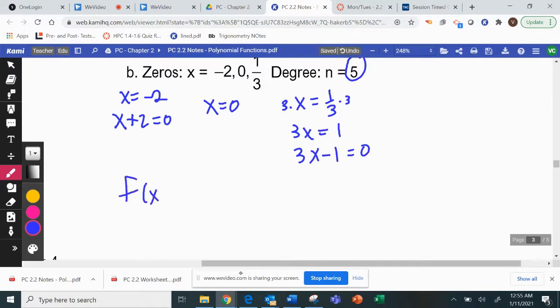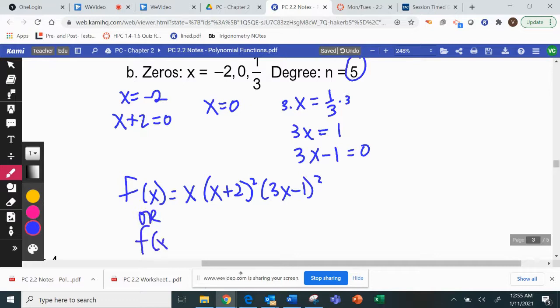We could have f of x equals x times x plus 2 squared times 3x minus 1 squared. Or we could have x to the 3rd times x plus 2 times 3x minus 1. That would give us 5.